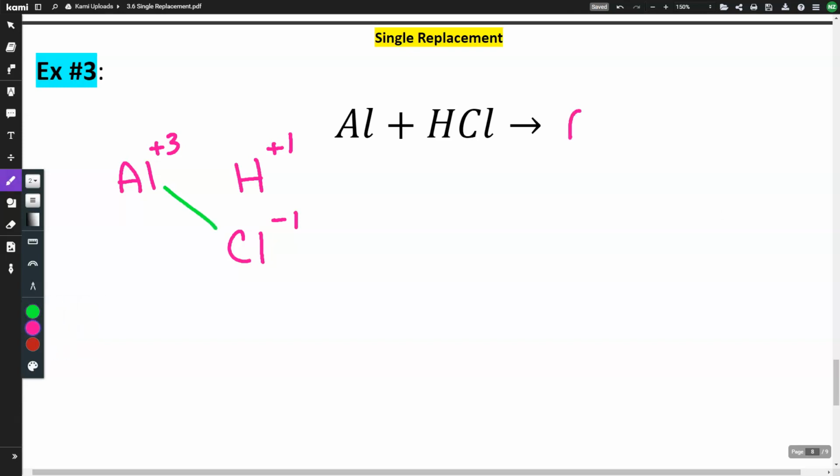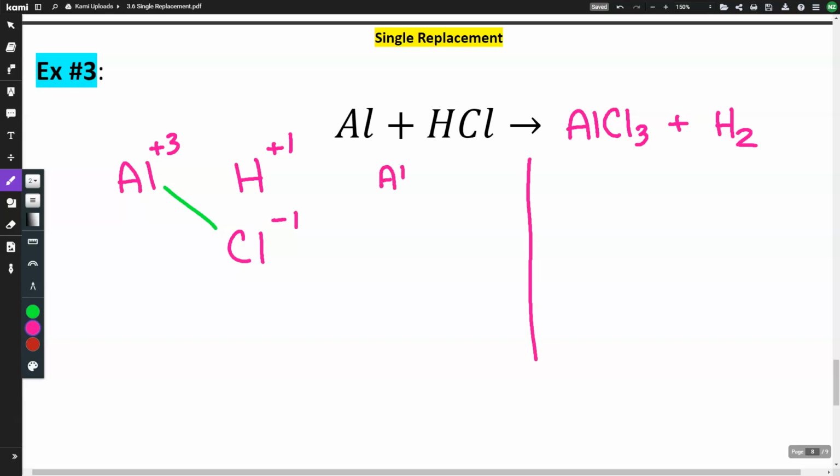So we will have Al. Now, aluminum is +3, chlorine is -1. So to balance those charges, I need 3 chlorines. So aluminum chloride, and then hydrogen. I have no bright or clever friends. Hydrogen is on that list, so it needs a buddy.